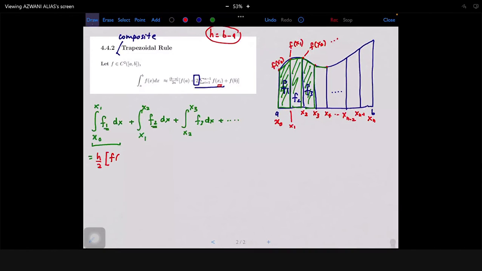F pada x0 tambah f pada x1, betul tak? Macam tu je kan? The second, h over 2 f x1 plus f x2, okay, plus h over 2 f x2 plus f x3 and so on.